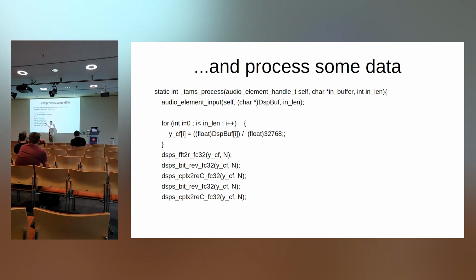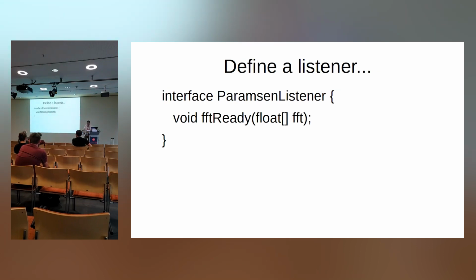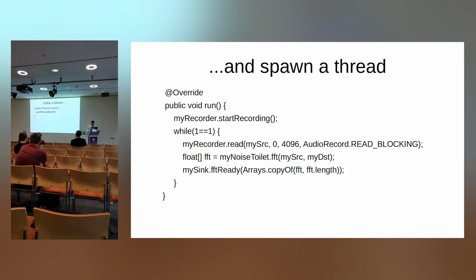This is an example implementation. And for receiving on Android, I recommend the Paramsen library. The Paramsen library is a very, very easy to use FFT implementation. In fact, it is so simple that you just need this interface here. You spawn a thread.